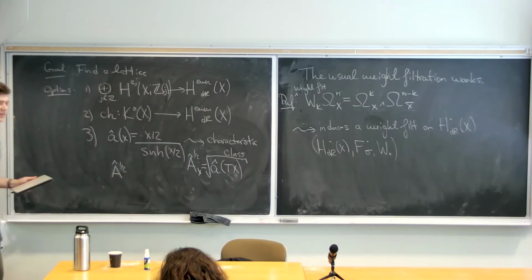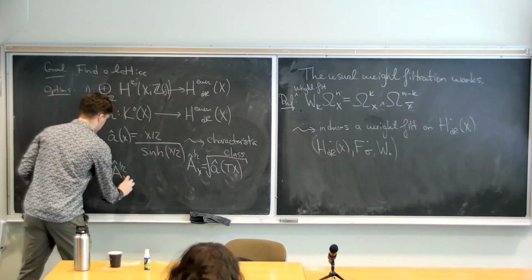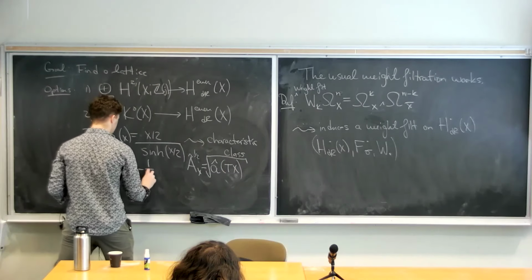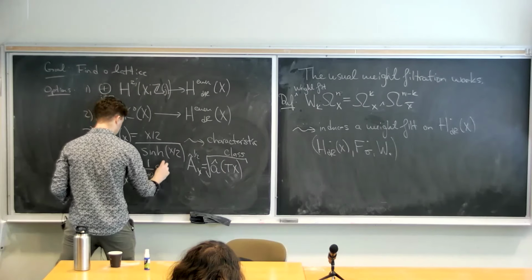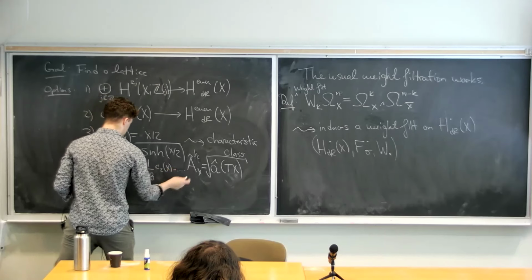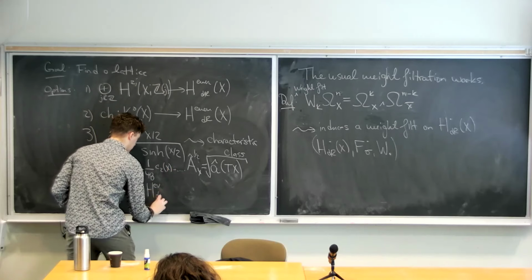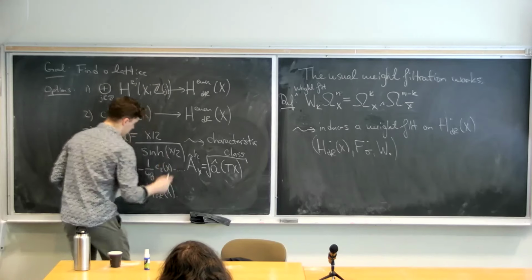Thank you. So this is the square root of what's called the A-hat class. It looks like 1 minus 1 over 48 times the second Chern class of X and a bunch of other terms. It lives in the even cohomology of X.